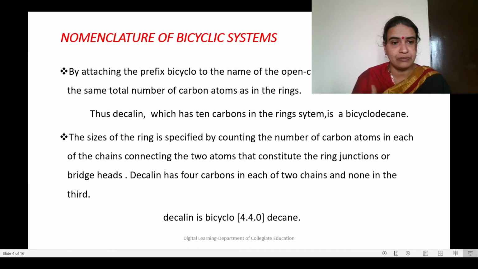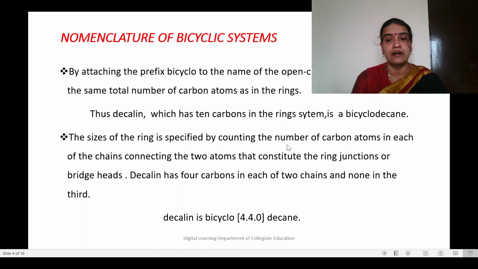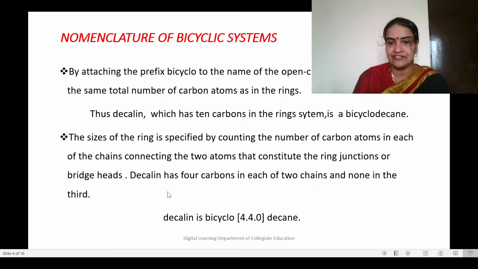So that too we have to mention. The size of the ring is specified by counting the number of carbon atoms in each of the chains connecting the two atoms that constitute the ring junction or bridge heads. Decalene has 4 carbon atoms in each of the two chains and none in the third.